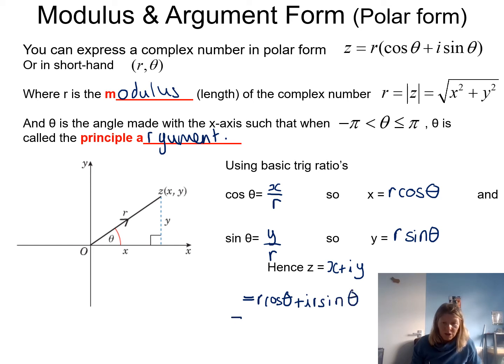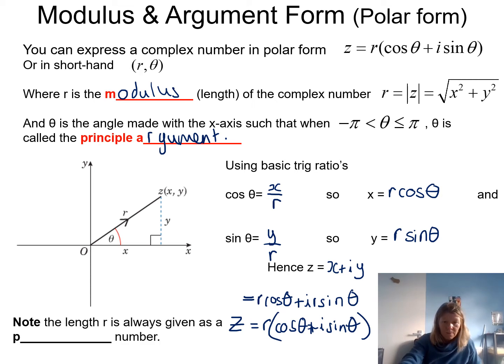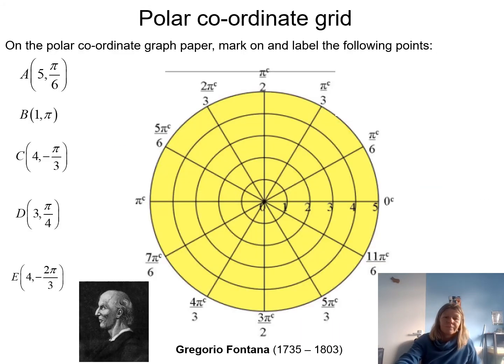And then we usually just take out the r, so we call it r cos theta plus i sine theta. And there we are. Note that the length r is given as a positive number. Even if it's down here, it's still a positive number. It's a length.